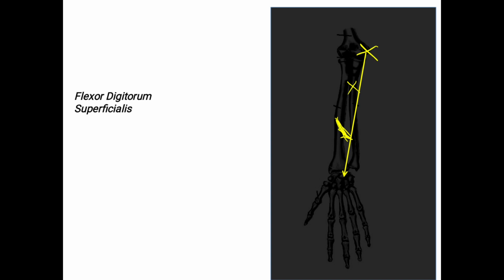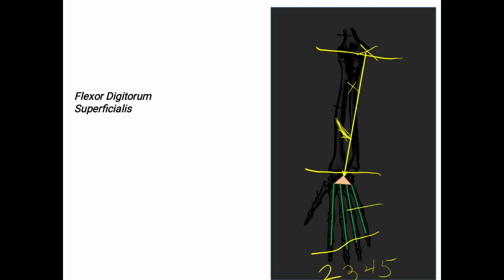And it is inserted where? So you have the insertion. This is the middle phalanx of the second, the third, the fourth, and the fifth. So therefore, it can flex the elbow, the wrist, the MCP, and the PIP, but not the DIP.